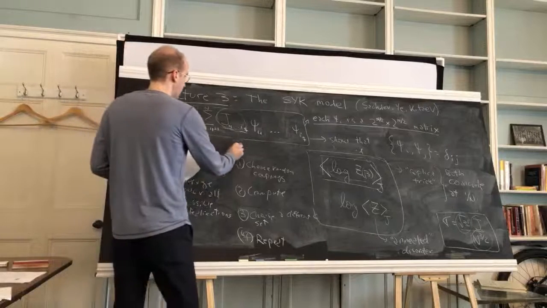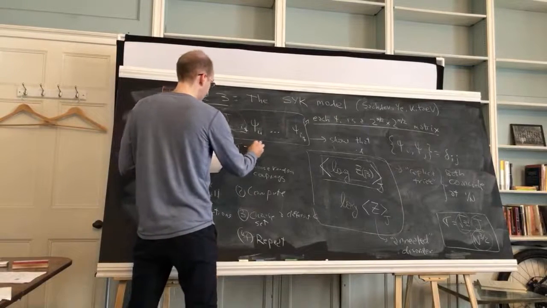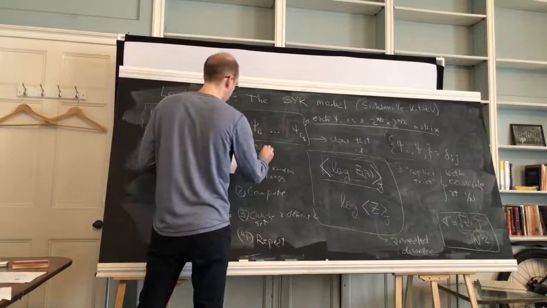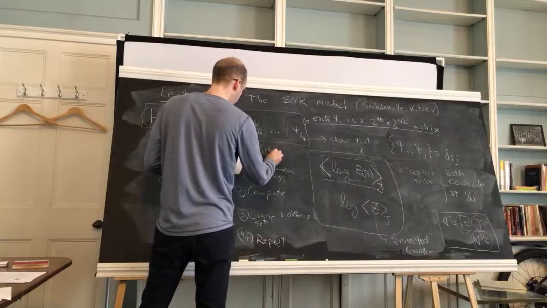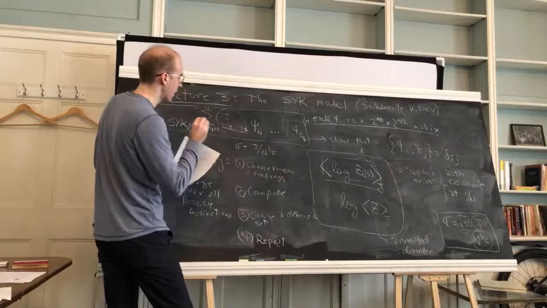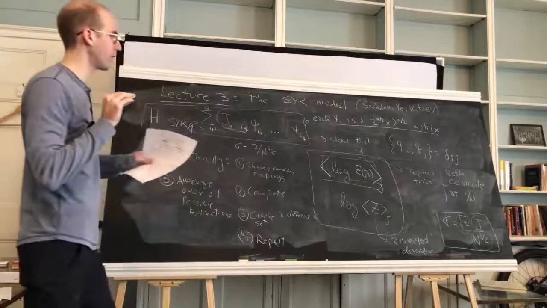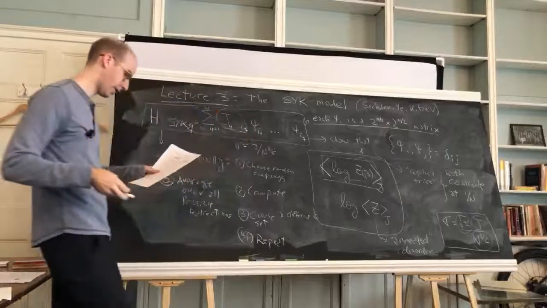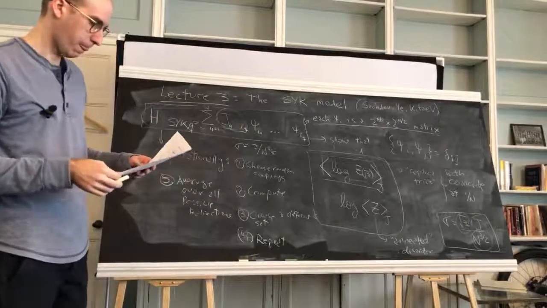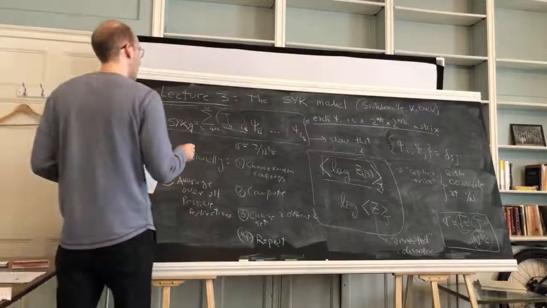And now sigma will have to scale as j over n to the q minus 1 over 2. And when you put q equals to 4, you get back that result. And here is some number that I don't care about.